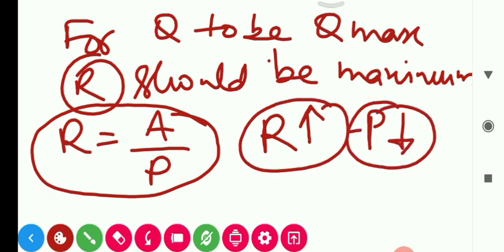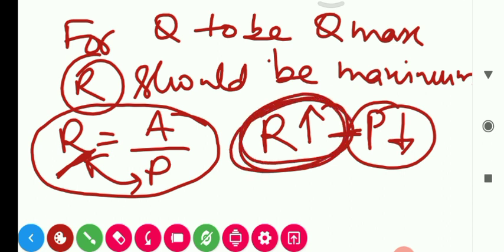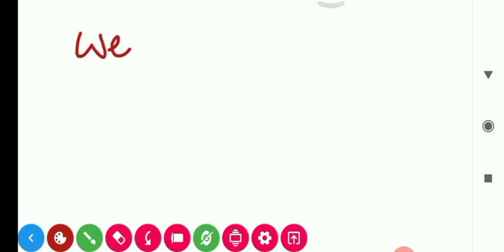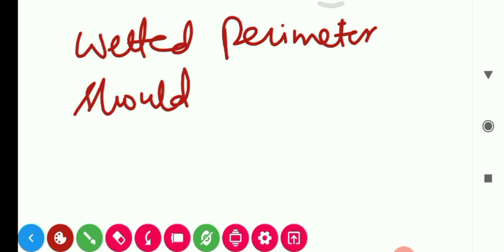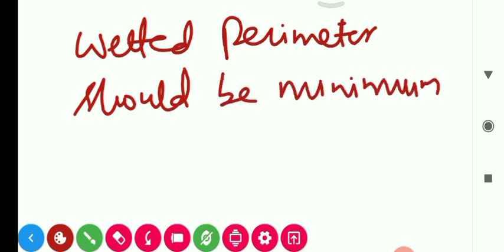Okay, are you getting it? For maximum hydraulic radius, this is inversely proportional to the wetted perimeter. So in order for R to be maximum, we need perimeter to be minimum. Okay, so this is the condition. You need to remember this condition. Okay, the wetted perimeter should be minimum.